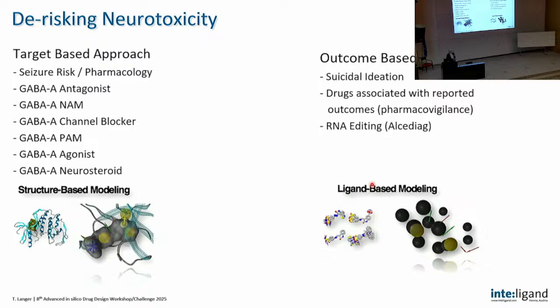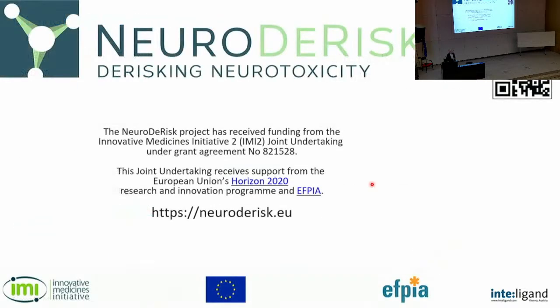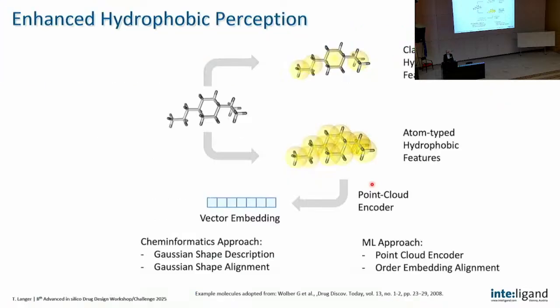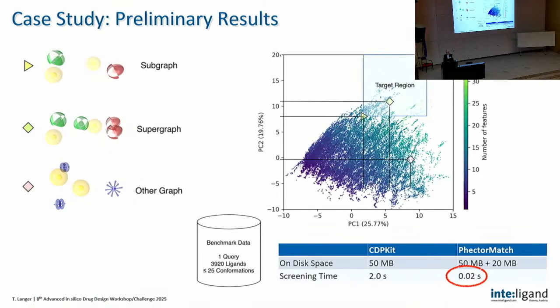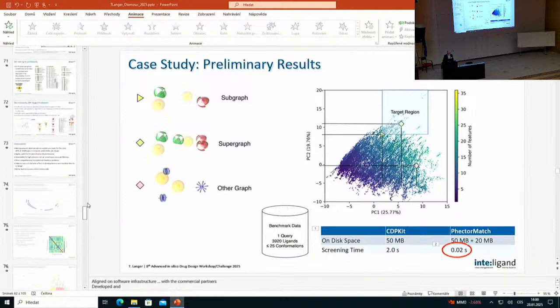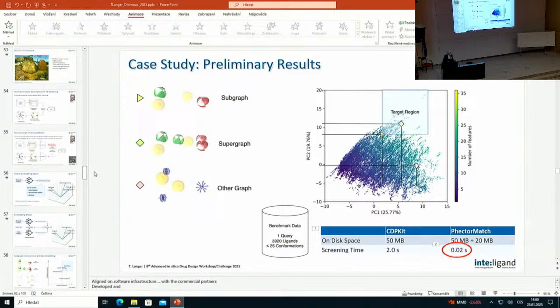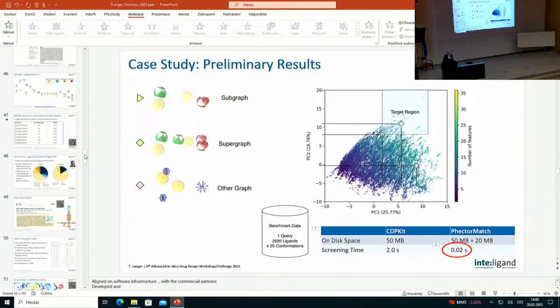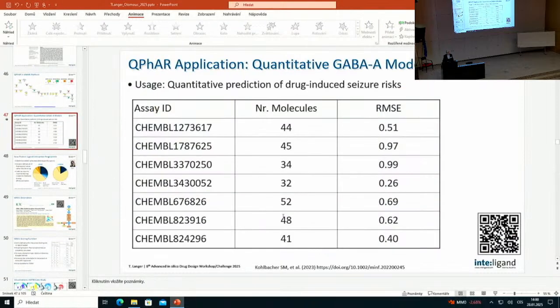There was something with some names from ZINC, I think. I know, the quantitative models you mean. The ones that we did, these are the assay numbers from ChEMBL. This is the assay IDs and the number of molecules that we used for the quantitative models.